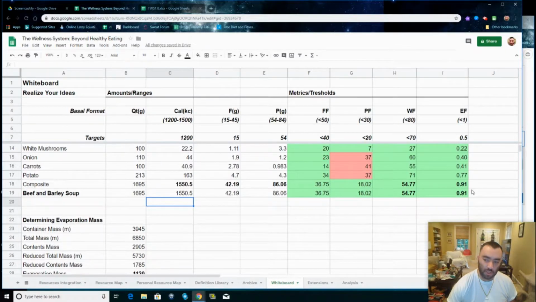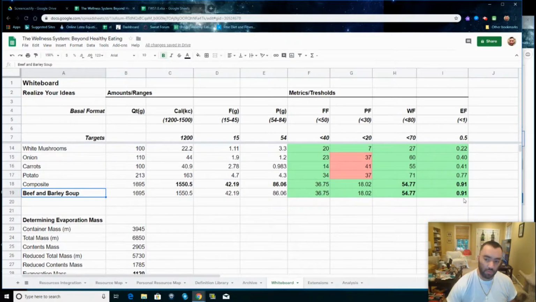And what we're going to need to do is either add water back into the soup, which is probably not a good idea because it will mess up the flavor of the soup. So what we can do is drink a glass of water alongside of our soup.